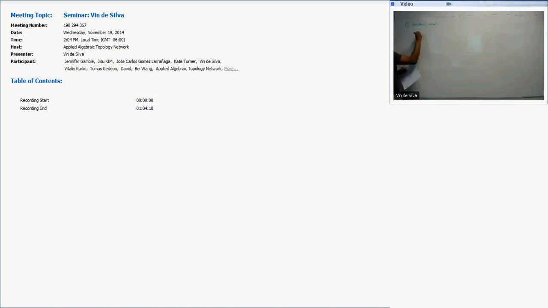It's the same as a functor from the category that I'm just going to call the real numbers to the category of vector spaces. Okay, now what is this category that I'm going to call the real numbers?